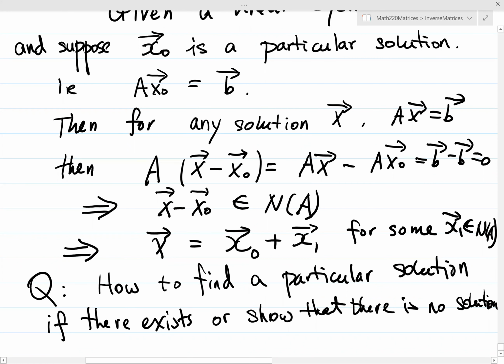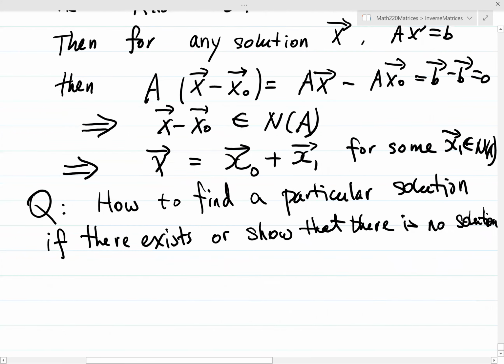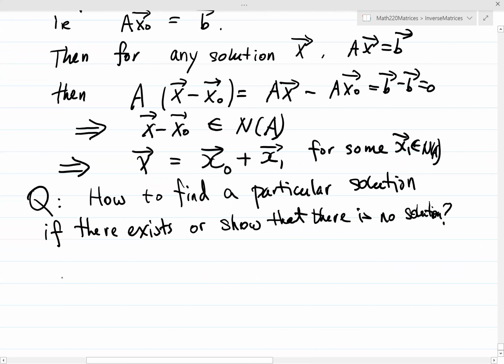Now the technique to solve this kind of problem is to apply elimination, use the idea of row operations, the three types of row operations.